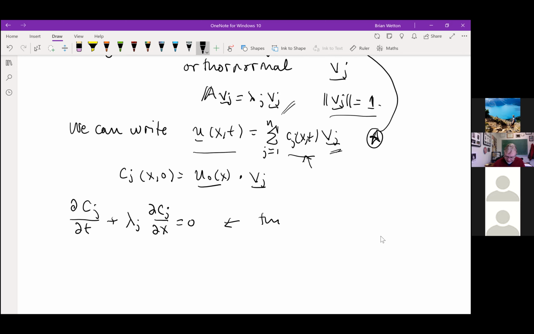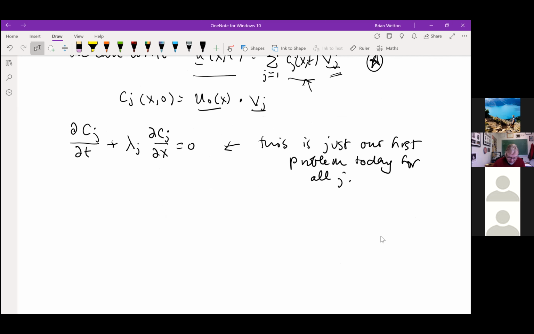So this is just our first problem today, for all j. So I can write Cj of x and t is just Cj at x minus lambda j times t at time 0.